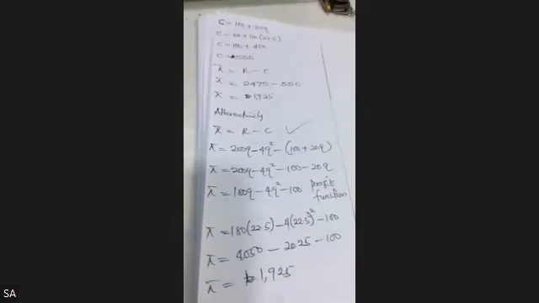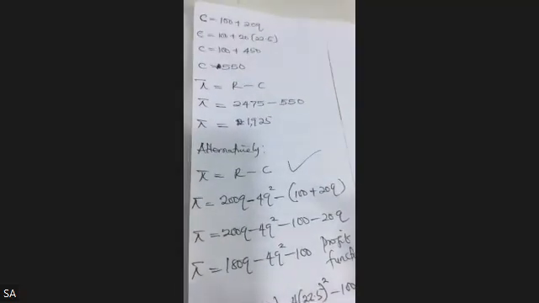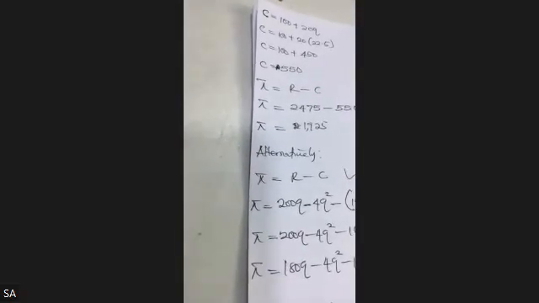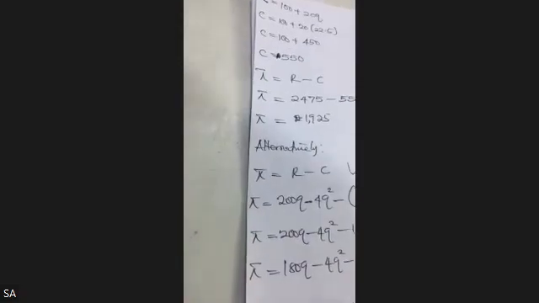Now I don't need to do revenue again, since we've already done revenue and cost. If you are writing it, this is Roman figure 3, and you will take this revenue as your Roman figure 3.